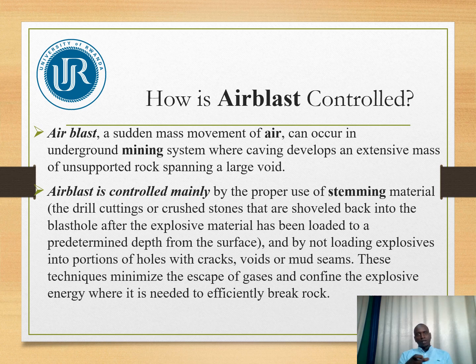After creating the blast hole, you need to clean it, and you introduce your explosive, your ammonium nitrate or ANFO, and your detonating cord. After that, you need to confine those blasting materials in the blast hole.